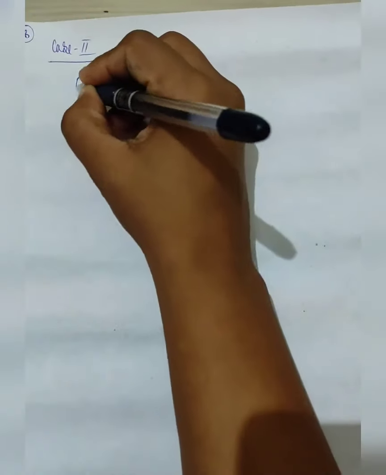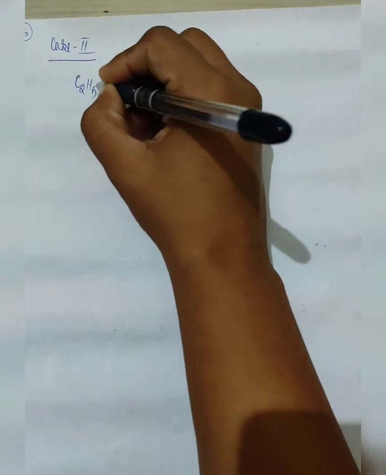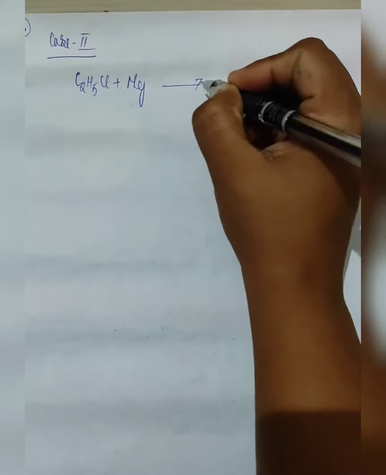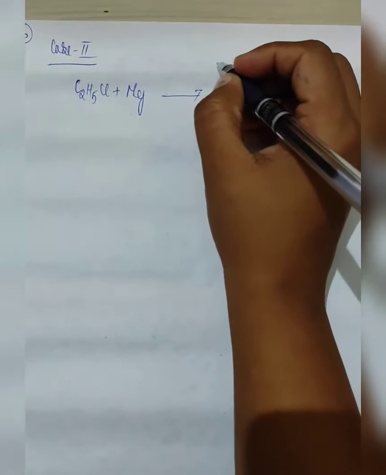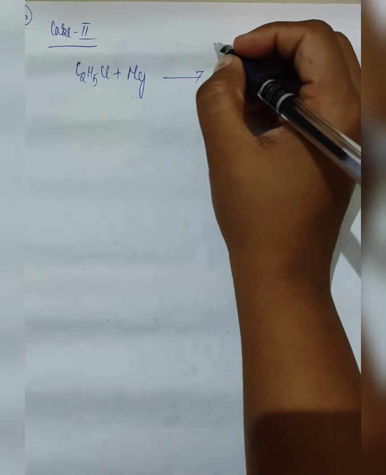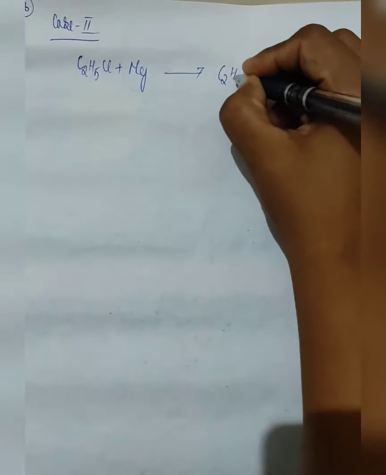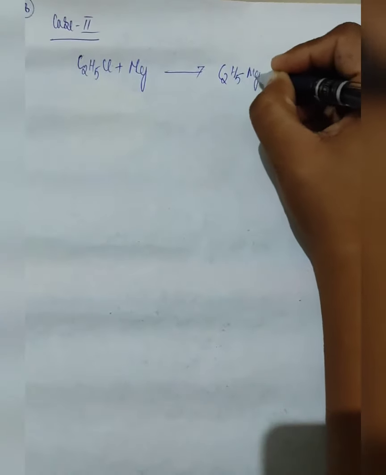Now let us see the second case where haloalkane reacts with magnesium to give a special type of organometallic compound. We have haloalkane which reacts with magnesium to give a special type of compound known as Grignard reagent, C2H5MgCl.